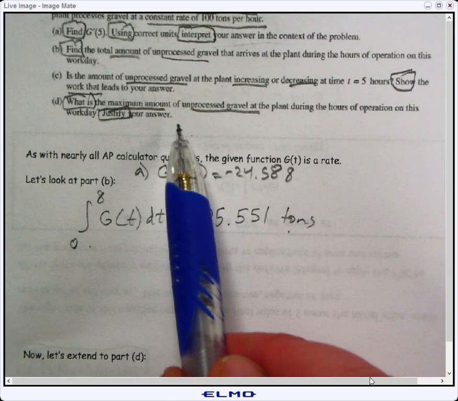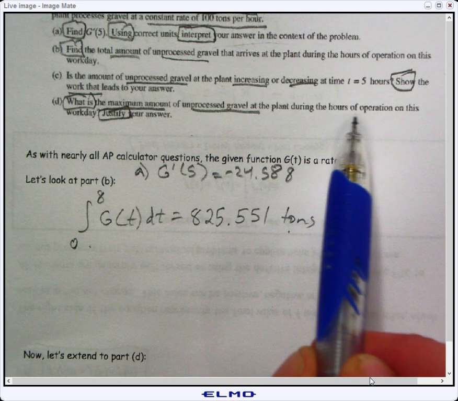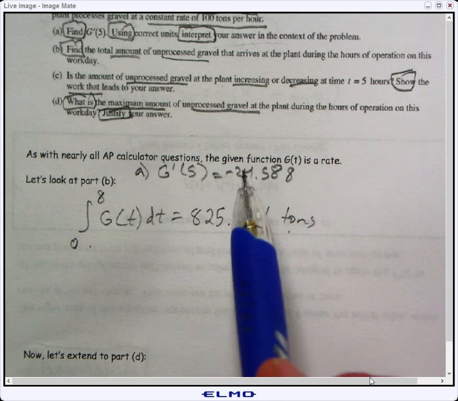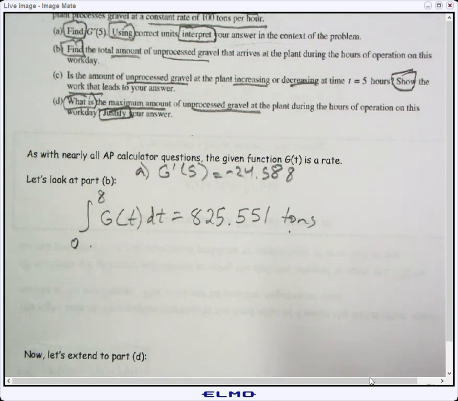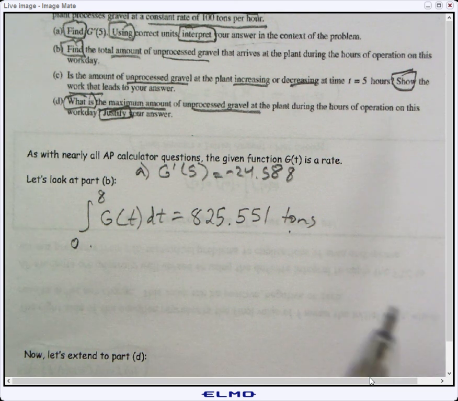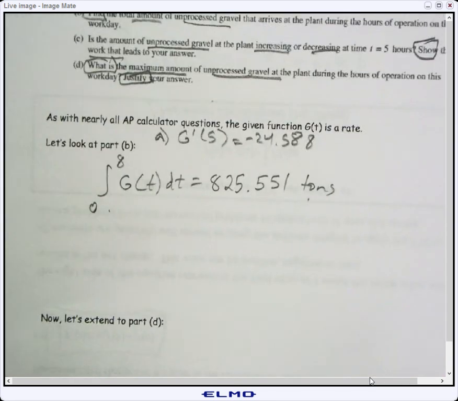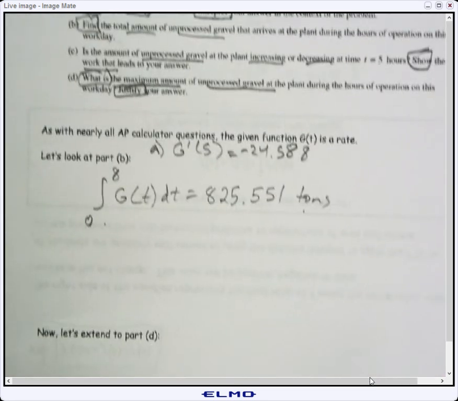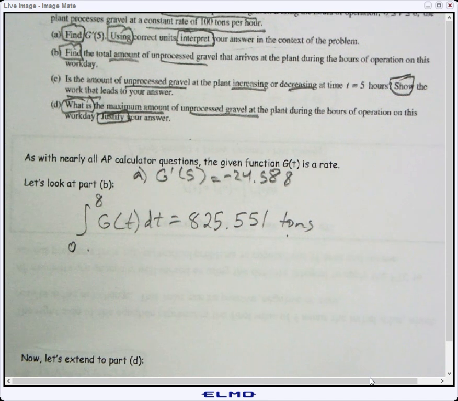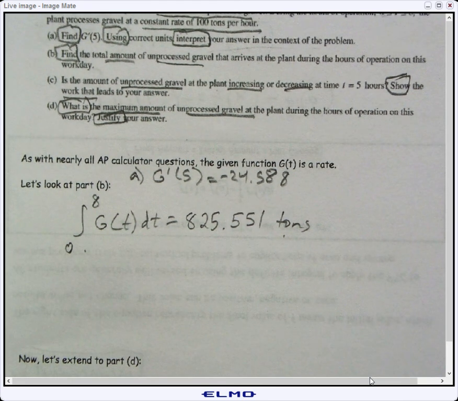What's the maximum amount of unprocessed gravel at the plant during the hours of operation? Justify your answer. So maximums occur on closed intervals at the endpoints, and also where the derivative is 0.